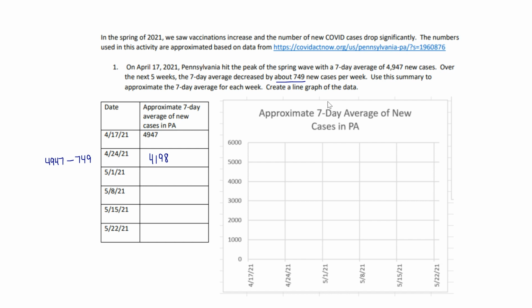And then it said it did this each week. So I'm going to, again, take the 4198, my answer, and subtract 749. With the help of my calculator, I get down to 3,449 average new cases per day a week later. And I continue in this pattern.